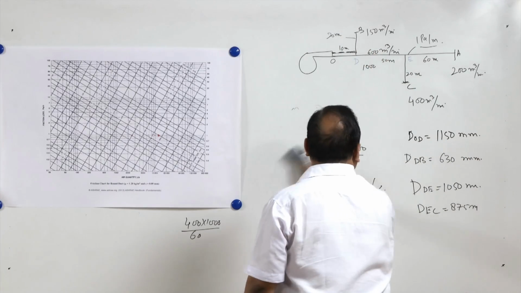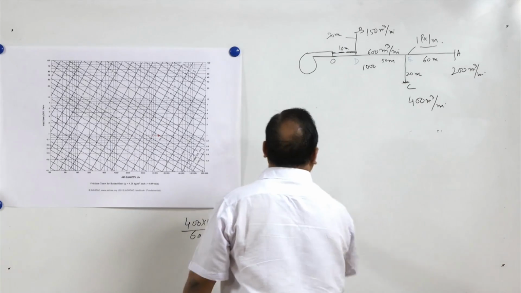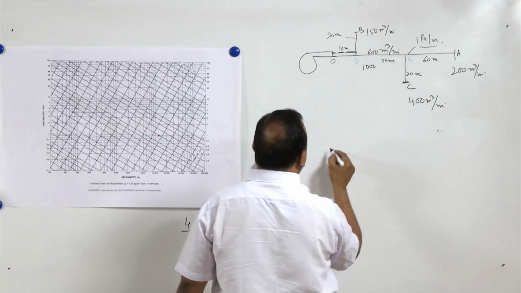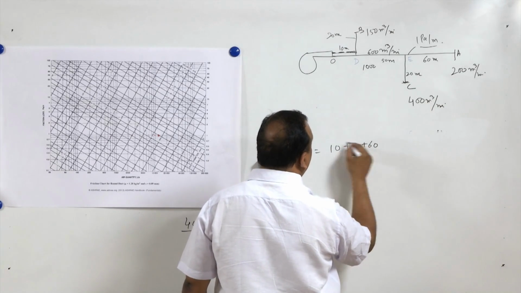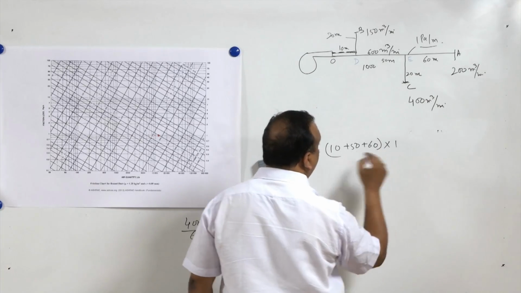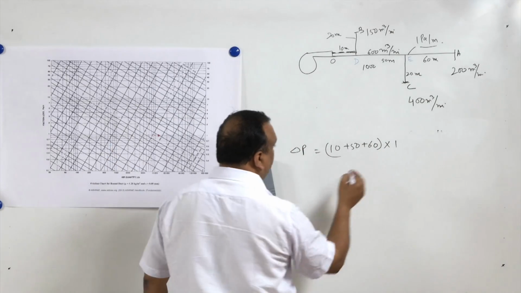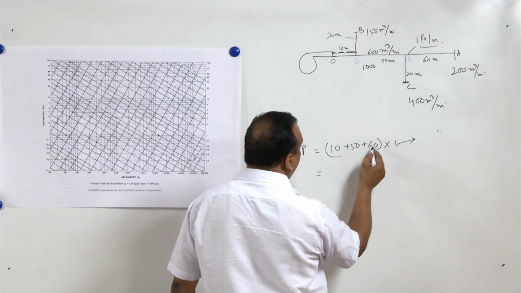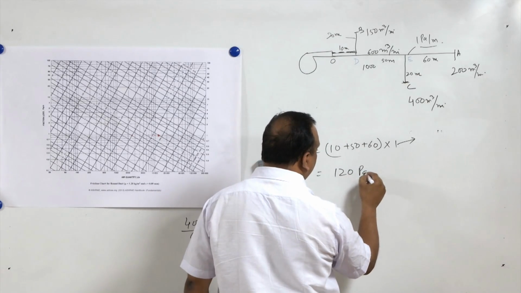Now in this case, the total pressure drop in the longest duct will be 10 meters plus 50 meters plus 60 meters, multiplied by 1 Pascal per meter, that is the pressure drop per meter length, and it is going to be 120 Pascal.